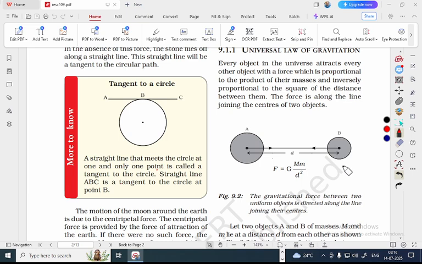In this way, you can find out how to find the tangent to a circle.